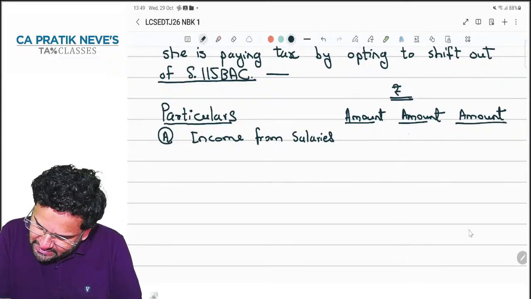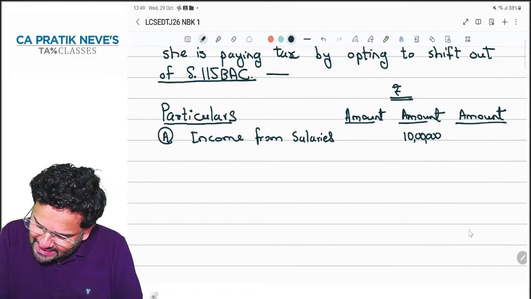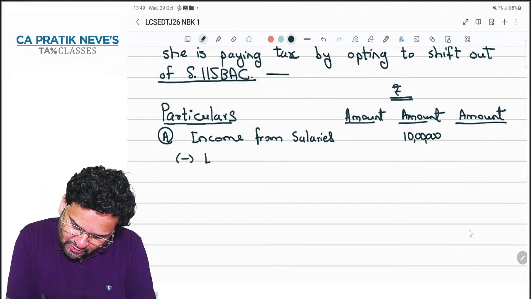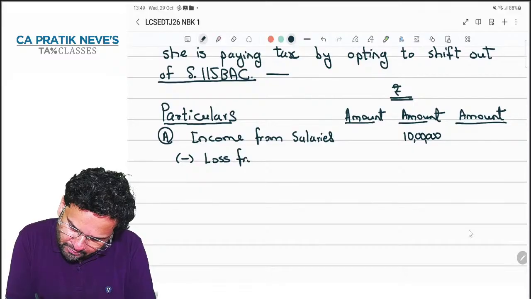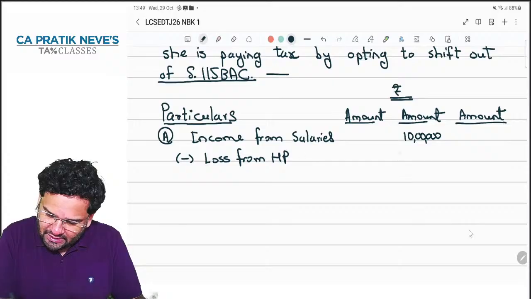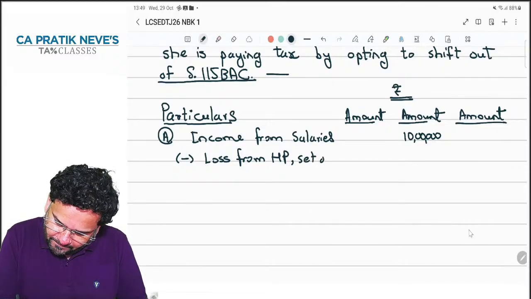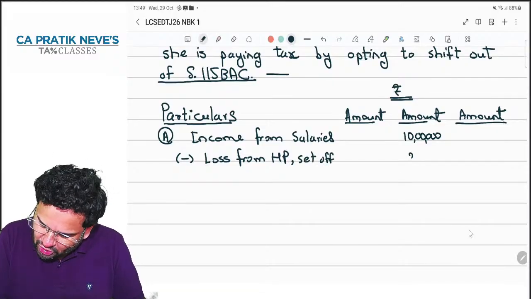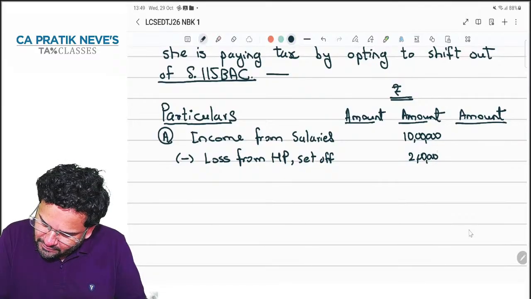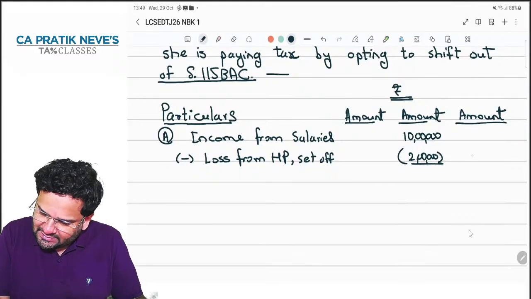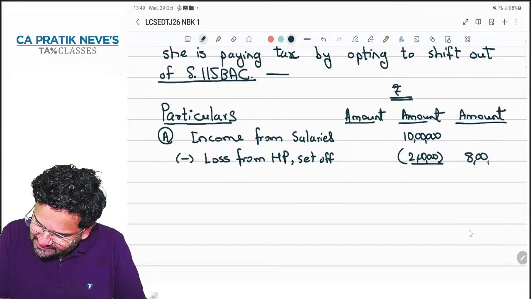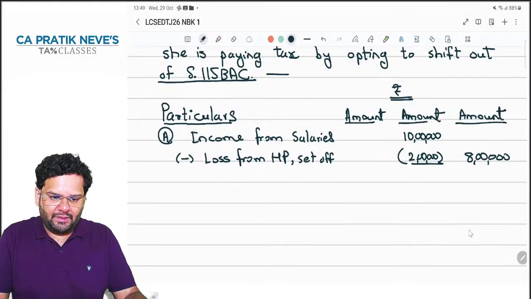Take the amount here, 10 lakh, less loss from house property, set off. The loss we are setting off is 2 lakh, and that's why the taxable figure is 8 lakhs. Make sense?